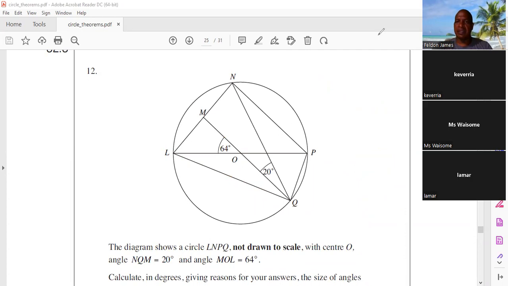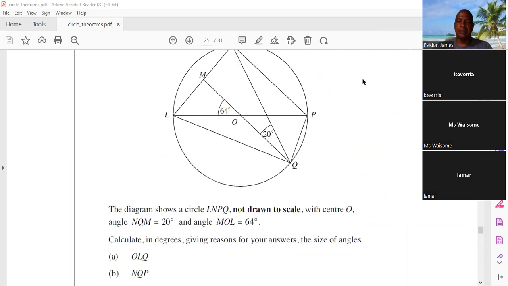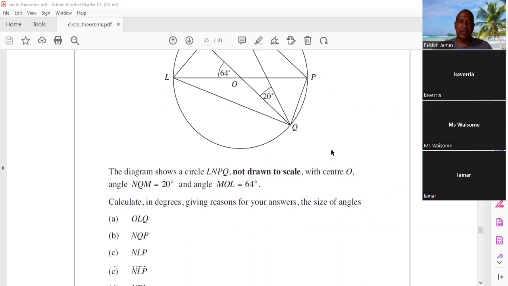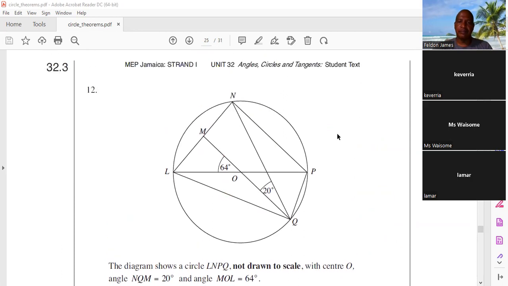Let us see what other angle we need to find. Bear in mind that angle L is 32. So the other one is NQP. So the angle NQP.